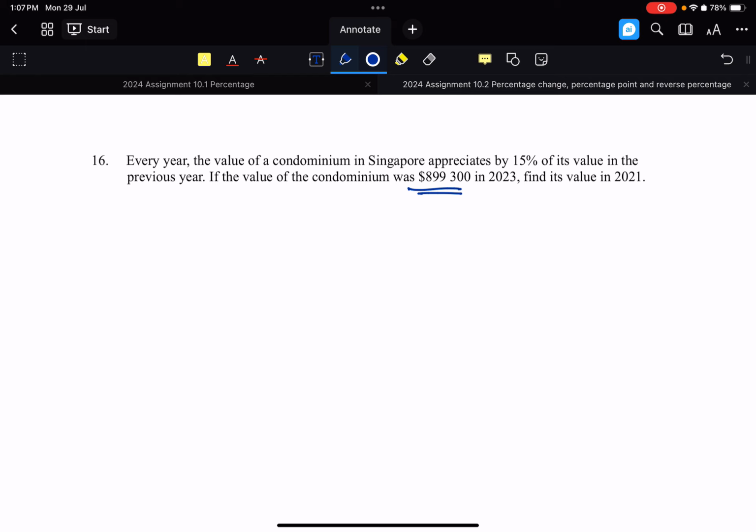So we begin by going back one year at a time. So 115% of the value in 2022 is the same as the value in 2023, so that will be 899,300.